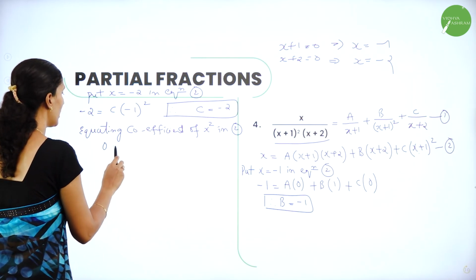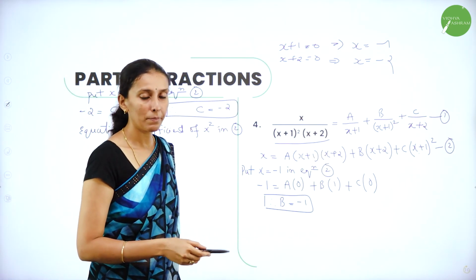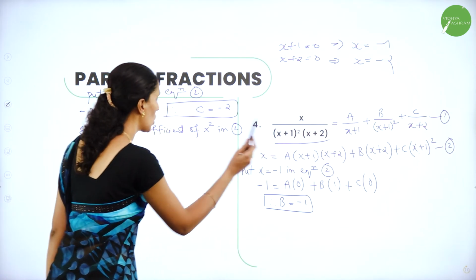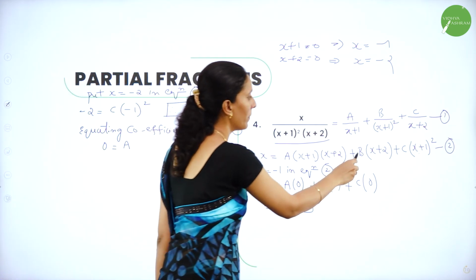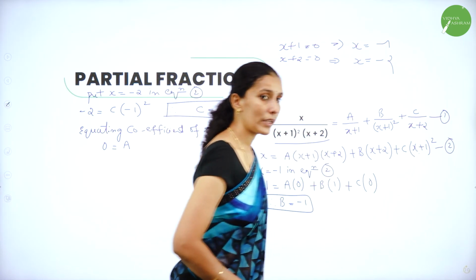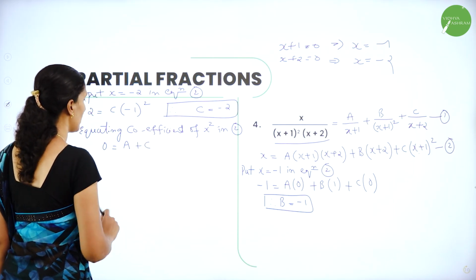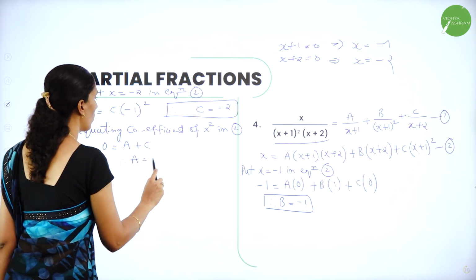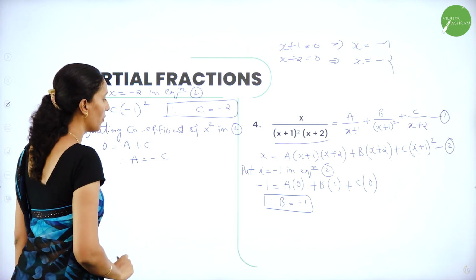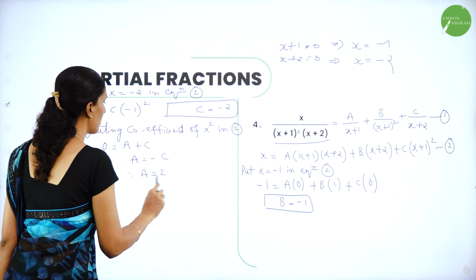So therefore here it is 0. Here it is (x + 1)(x + 2). When you multiply, you will get x square and the constant here is a. For b, it is only bx, so no x square. And for c, you get x square, so therefore c. So here a is equal to minus c, you will get the value of c is −2. So therefore minus of −2 is plus 2.